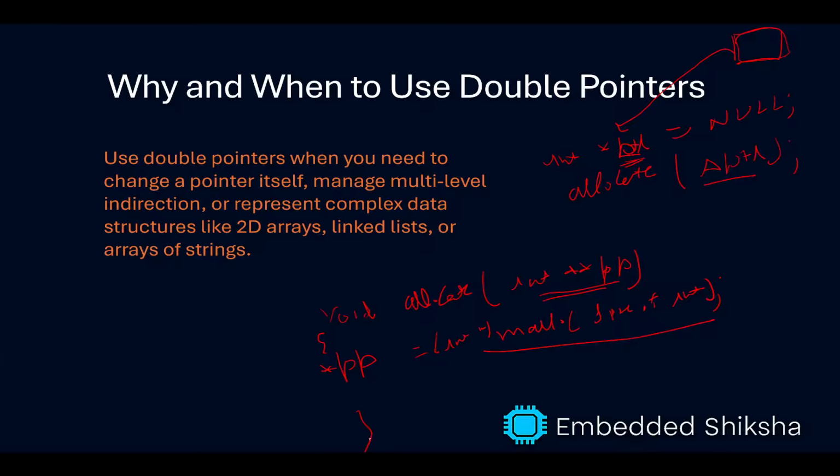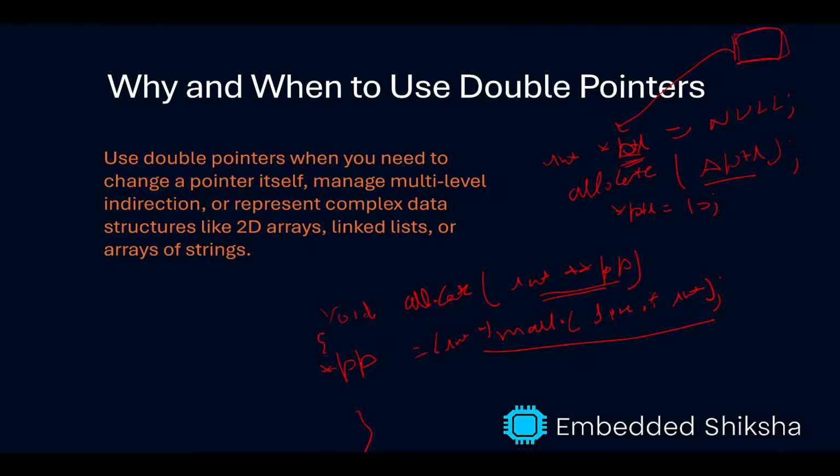Now that memory is allocated and ptr is pointing to it, if I want to access that memory or assign some value to it, I can simply write star ptr equals 10. So just to summarize, whenever you want to update the pointer itself in the called function, you can use the double pointer.